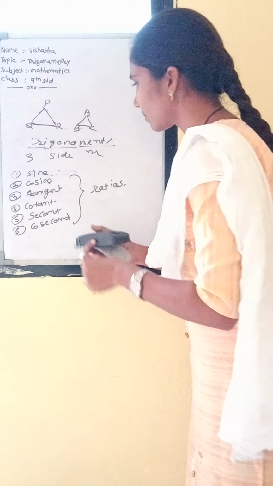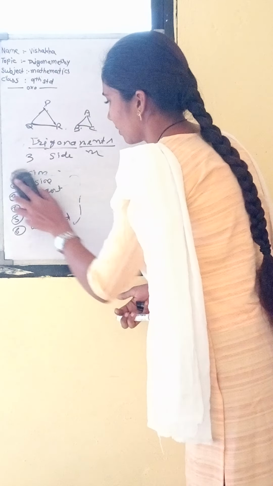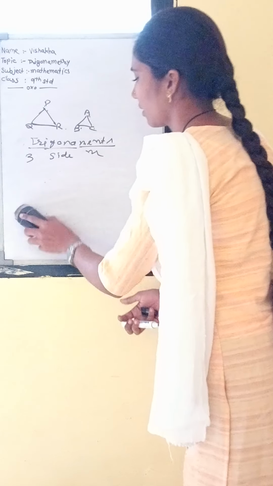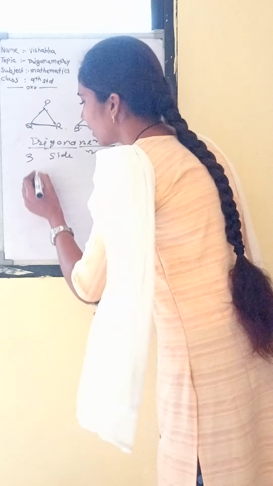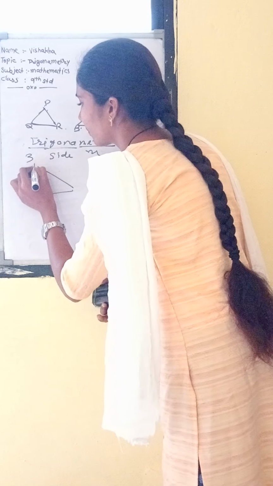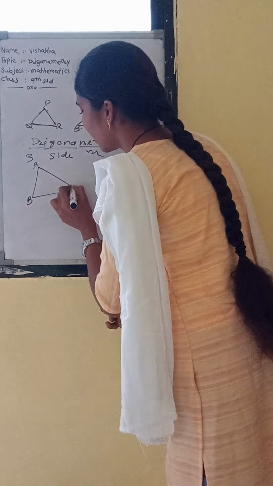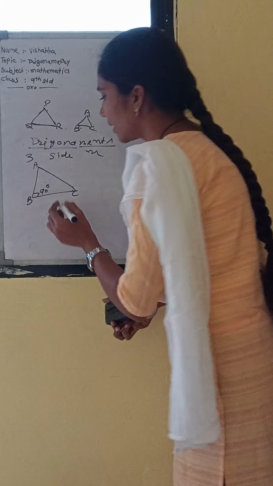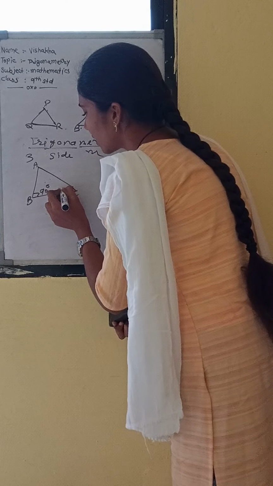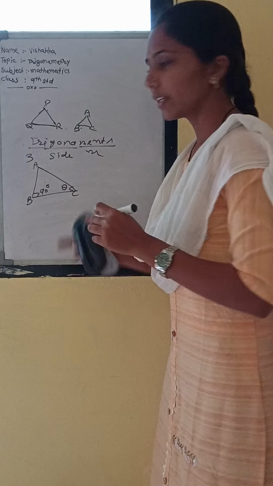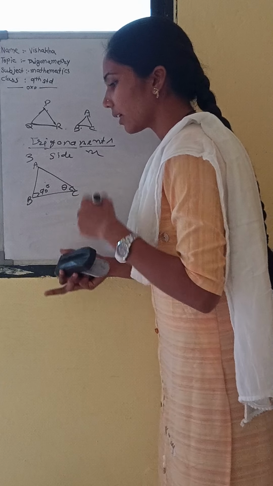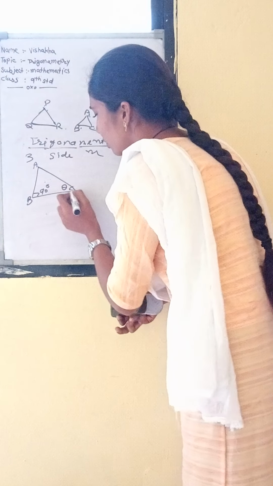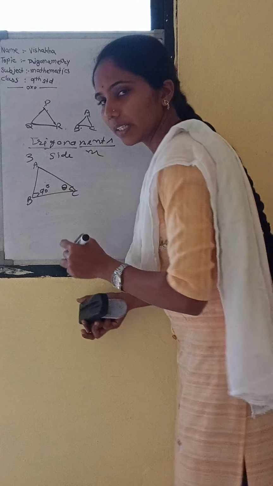So how do we find it? Consider the triangle ABC, which is a right angle triangle. B has the value 90 degrees and C has some value like theta. We can use theta or alpha or beta or gamma, anything, but here we take the value theta.